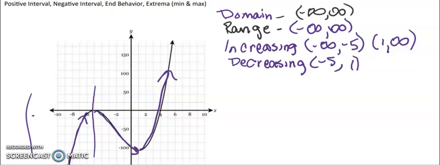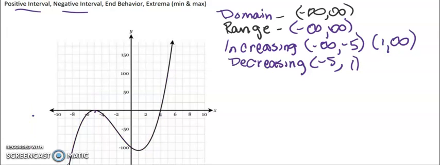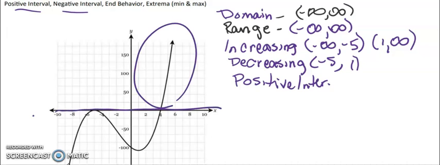Okay? Now, let's talk about positive and negative intervals because that's different. Okay? So, I'm going to erase these little markings. Okay? So, positive interval. When we look at this graph, the positive portion of the graph is from 4 to infinity.